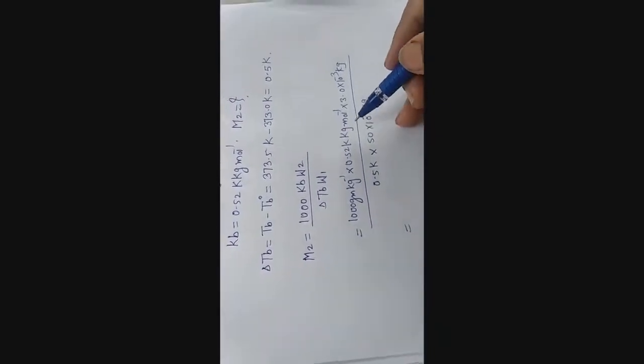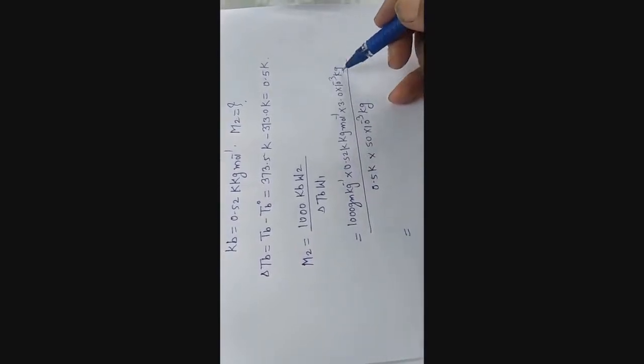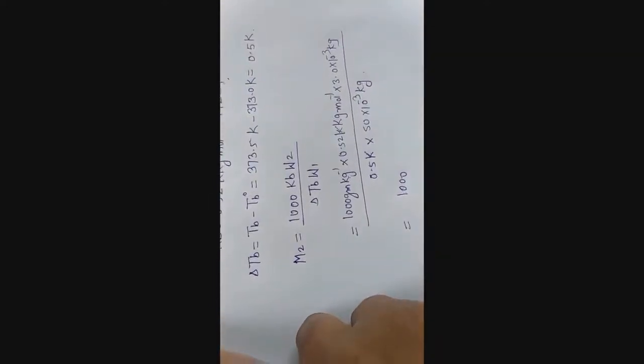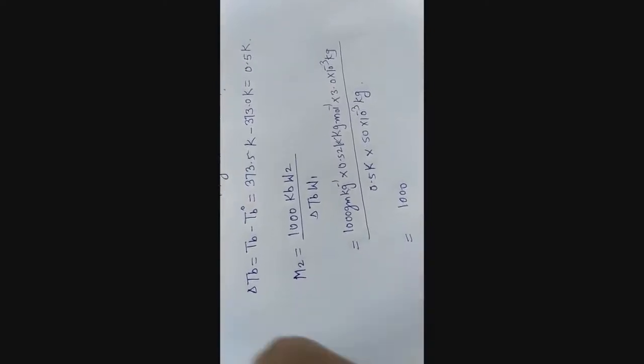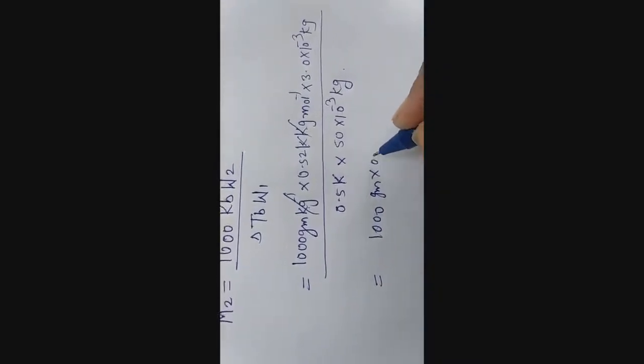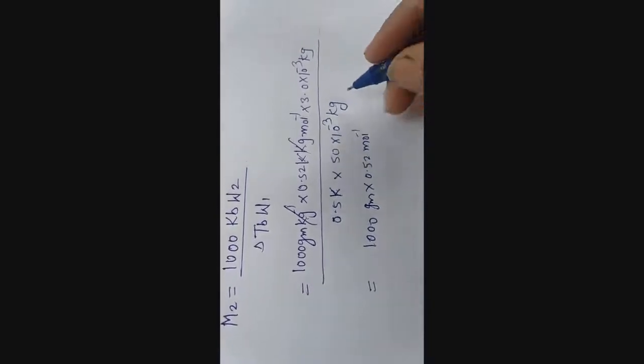kilogram. Okay, so simplifying the equation, 10 to the minus 3 kilogram gets cancelled, Kelvin gets cancelled, and the kilogram units cancel as well. So 1000 gram into 0.52 per mole.